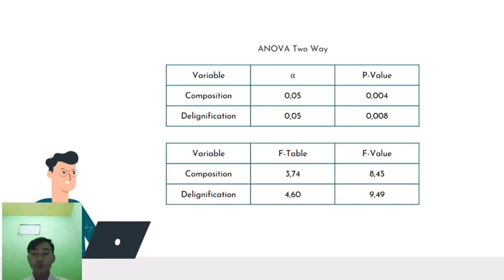According to the ANOVA result, there is a rejection of H0 in both independent variables. So it can be concluded that composition and delignification affect the tensile strength.